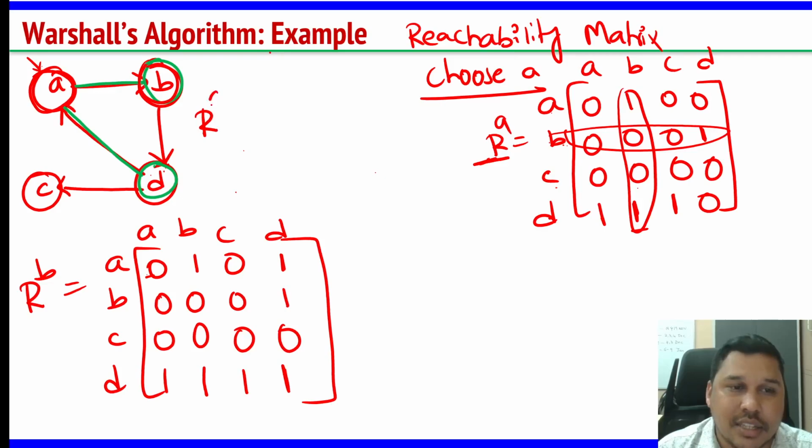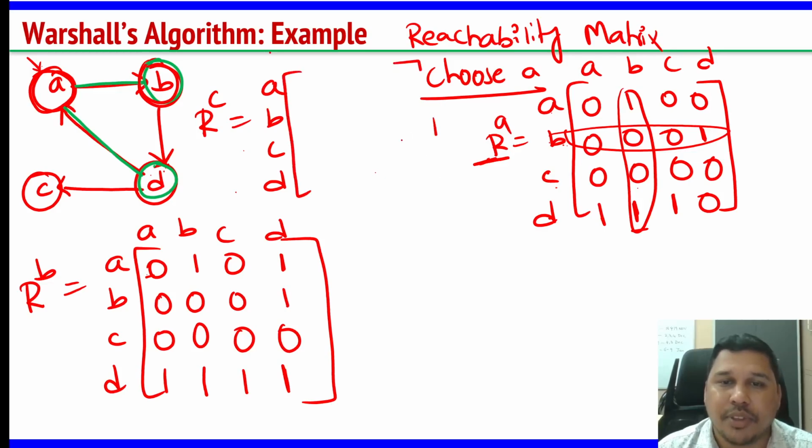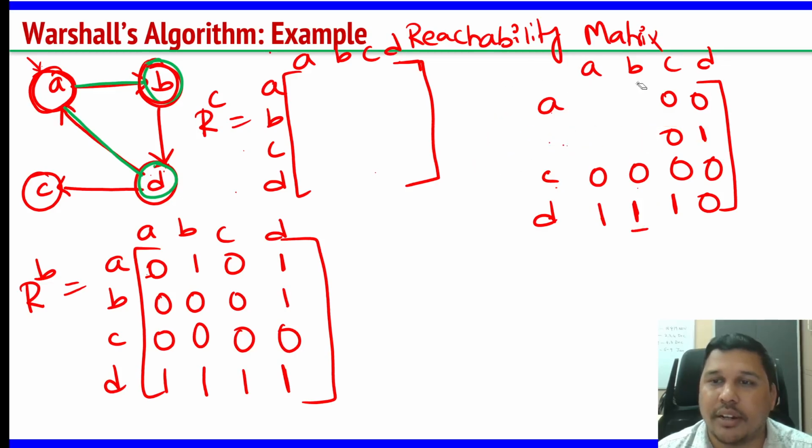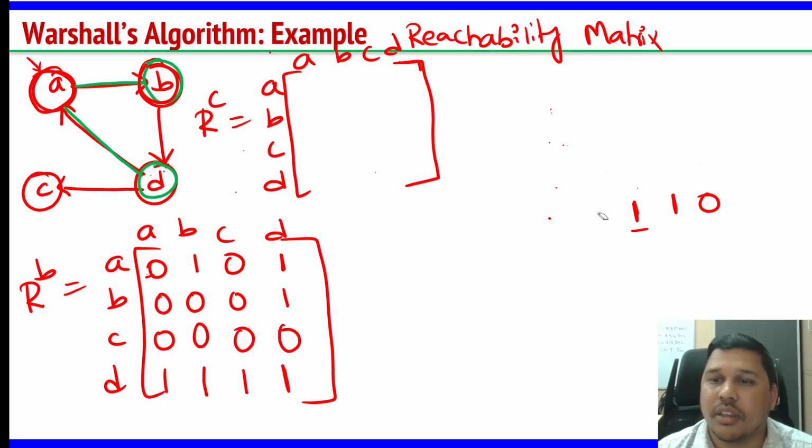Now let's take C as the intermediate. Let's find out whether there is a path from every vertex to every other vertex by choosing C as the intermediate node. Now this is not required; we have to refer to RB now. When you are choosing C, that C column and C row will be fixed.